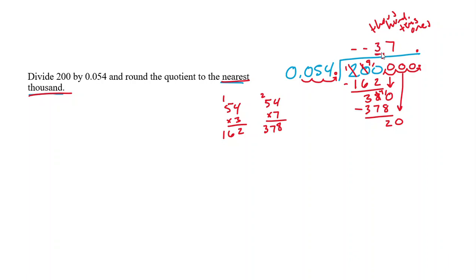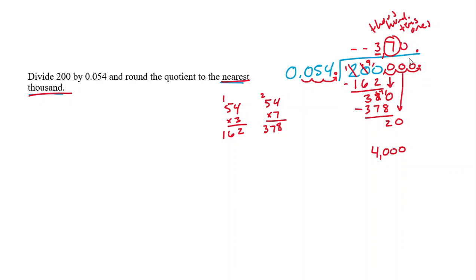That means we only need to know the next number over, which is 7, and that tells us if we need to round up or round down. And of course we're going to round up because it's greater than or equal to 5, so we're going to round this up to 4,000.